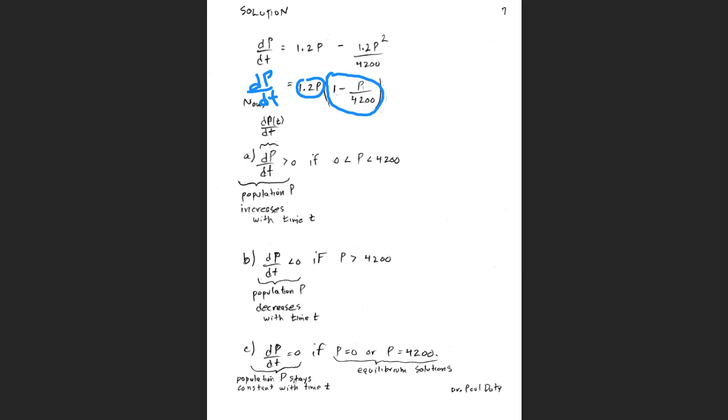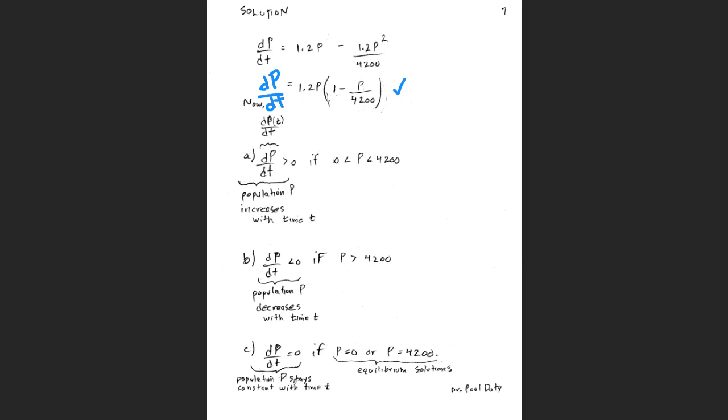It's the product of those two factors. When the differential equation is written out in factored form, we can learn a lot.